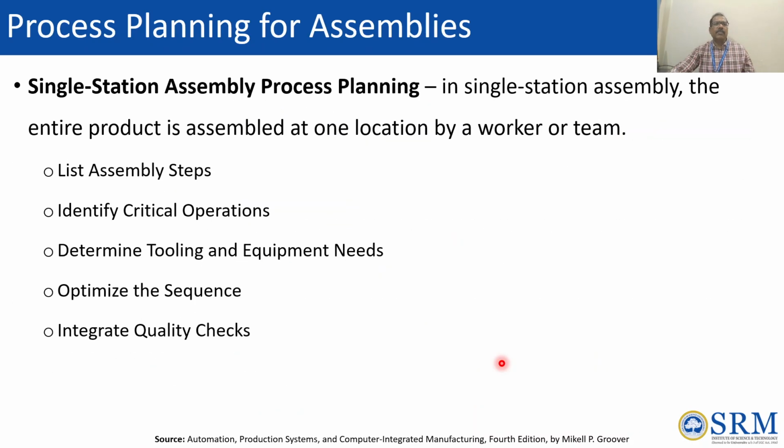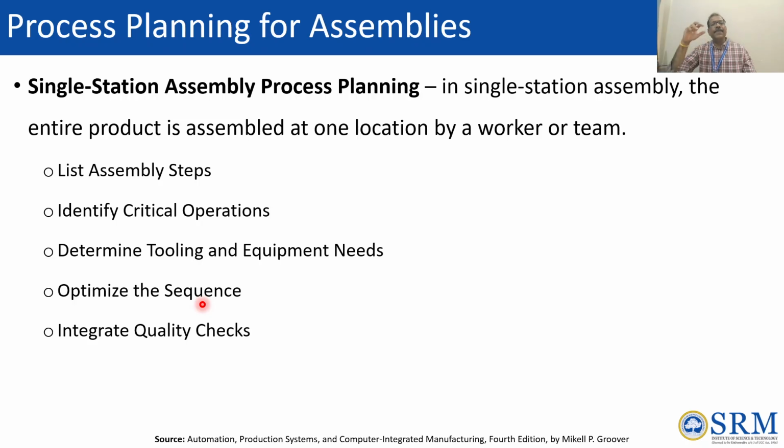For single station assembly, we need the list of assembly steps. We need to identify critical operations, what kind of tooling and equipment is needed, optimize the sequence, and integrate the quality check. So we need to put the quality check inside that. Then only within a single station are we able to do the assembly. Optimizing the sequence is very important.